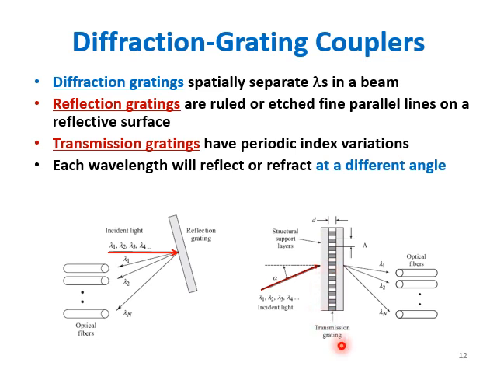The transmission grating within this reflection grating has periodic index variations. Each wavelength will reflect or refract at a different angle. That's why all the wavelengths, lambda 1 to lambda 4, are separated out because of this transmission grating also. This is one way of representation, and this is another way of representing the diffraction grating coupler.